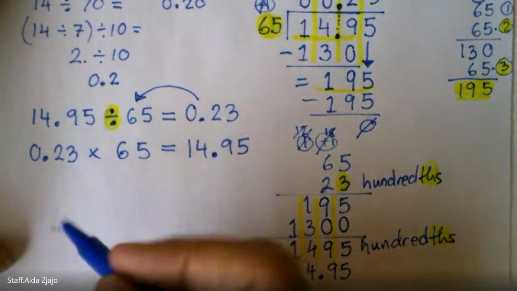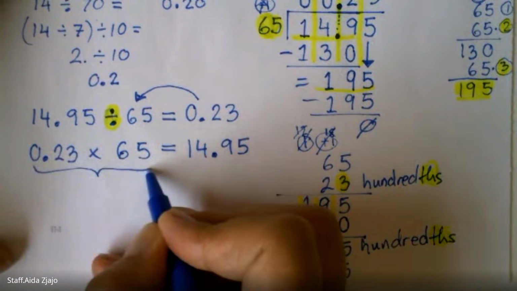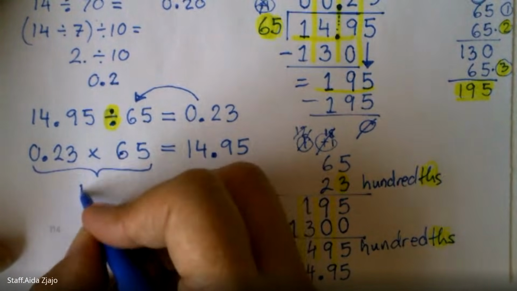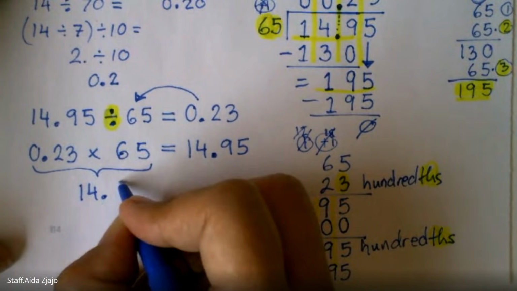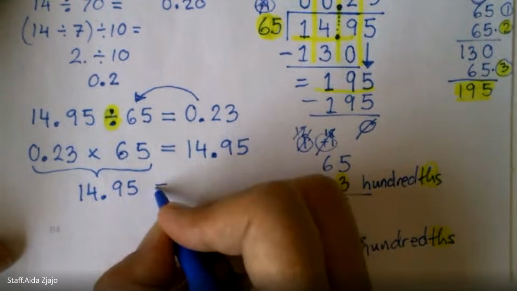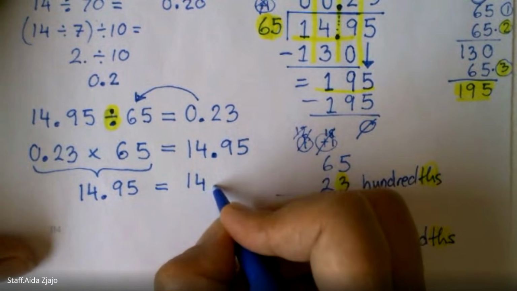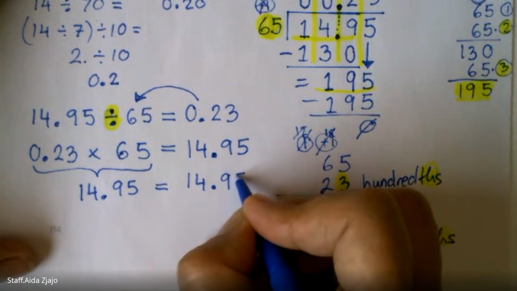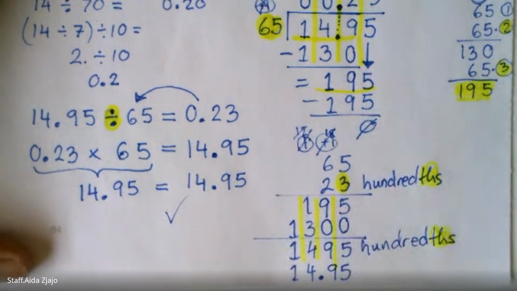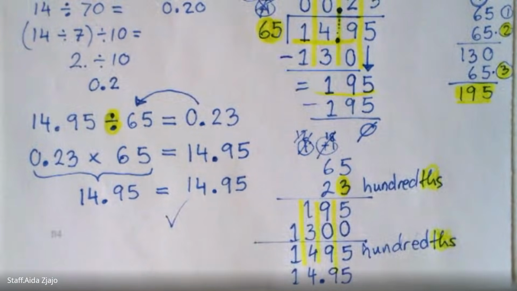So that's true. When you multiply it, it is 14 and 95 hundredths, and that is the same as the other side, and that is a true equation.